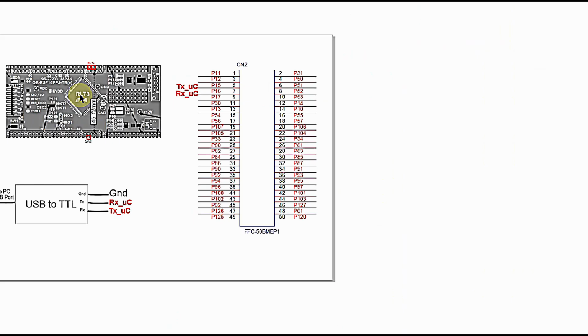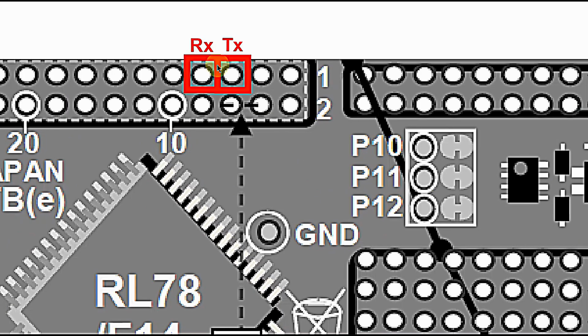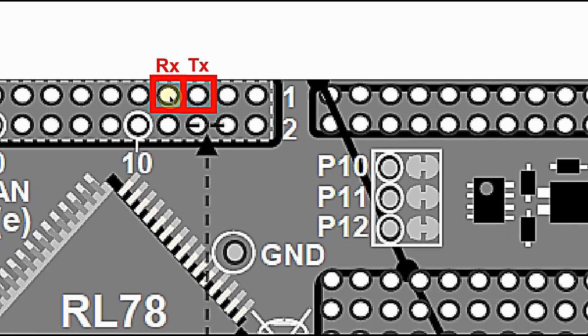So you can see this is the development board, and in this development board we just analyzed that the RX pin is connected to CN2 connector 7th pin and TX pin is available in the same connector CN2 5th pin. So we will be utilizing these two pins. These two are the RX and TX of UART 0 of the microcontroller that we are going to enable.